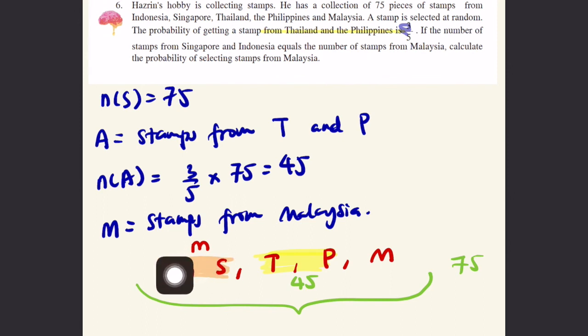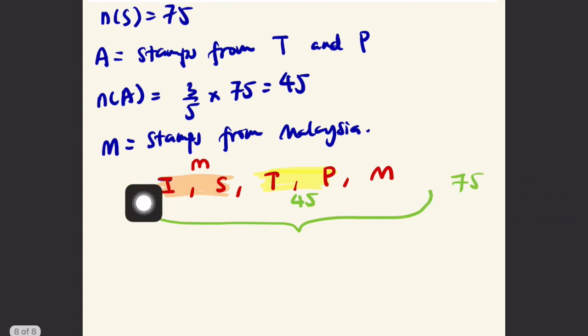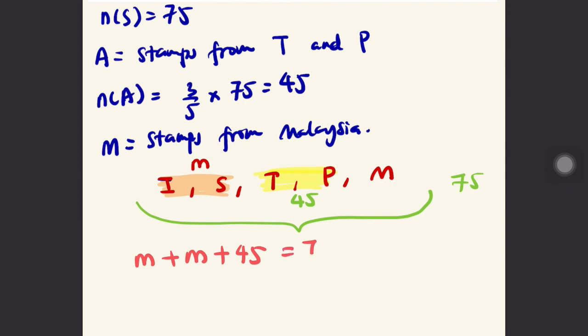So we can assume these two as one M. From this justification you can write this problem as M plus M plus 45 is equal to 75. So 2M equals 75 minus 45. M is equal to 30 divided by 2 is equal to 15.